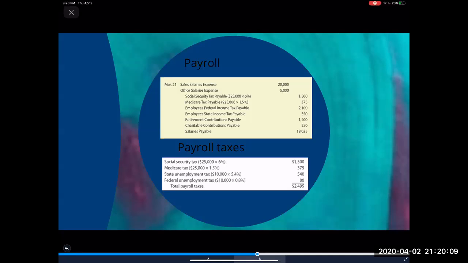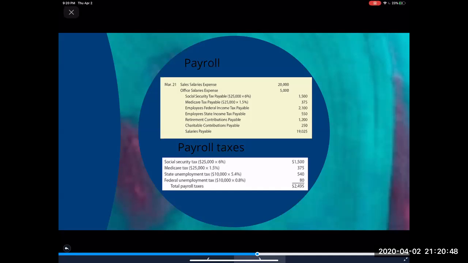And then they have all of the deductions: Social Security, Medicare, federal and state income tax, the retirement contribution, charitable, and then the last line is salaries payable. Now, I'm going to show you a way that I have learned to capture this that makes it a little bit easier to put this journal entry together, because otherwise it's going to feel very overwhelming, okay? I'll show you exactly my format, so give me a second and I'll do so.